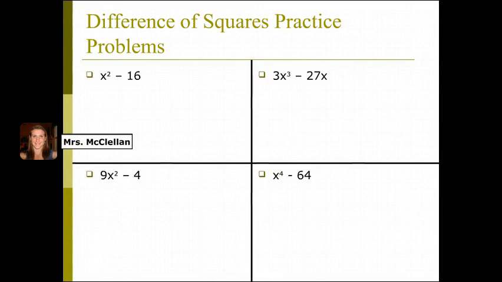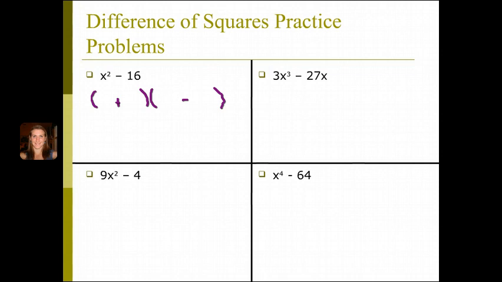Okay, so first thing we need to do is make sure that we have two perfect squares, which we do. So we're going to go ahead and write down our two parentheses. That's step one. First one gets a plus sign, second one gets a minus sign. And then we take the factors of each term.